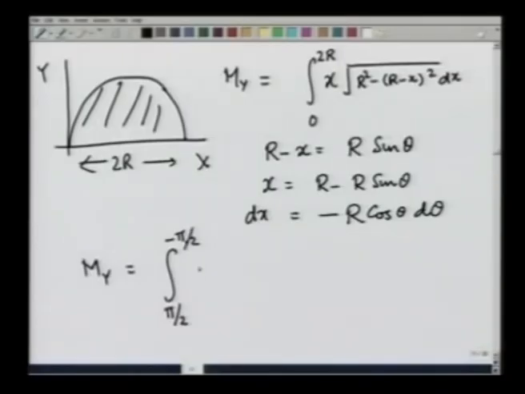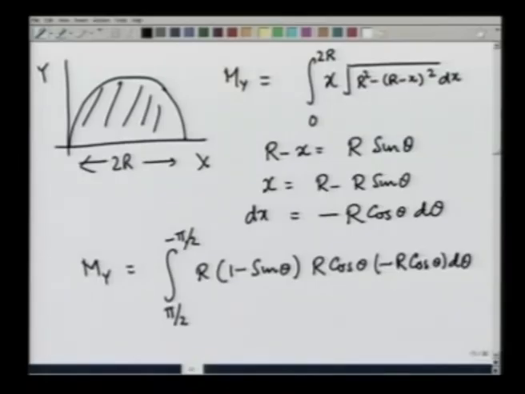X is r times 1 minus sin theta, times r square minus r minus x square is going to be r cosine of theta, and then for dx I have minus r cosine of theta d theta.